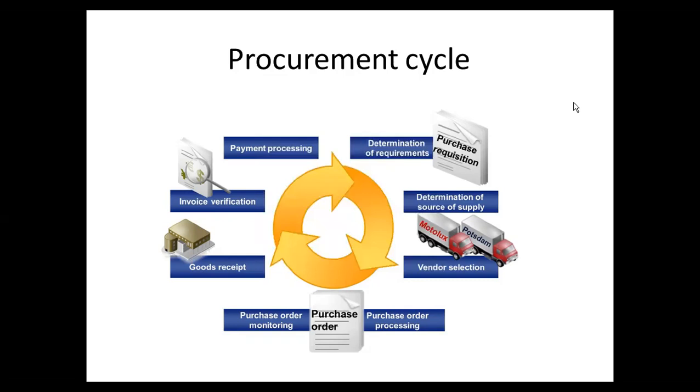Source of supply is nothing but the vendor. So in that case we'll find who all are the vendors in the market who can supply this particular material. And that will be done based on the quotations. Based on the quotation, we get responses from the vendors. That is, all the vendors will submit their quotations, and based on the quotations we receive, we will do the vendor selection, who can provide the effective price.